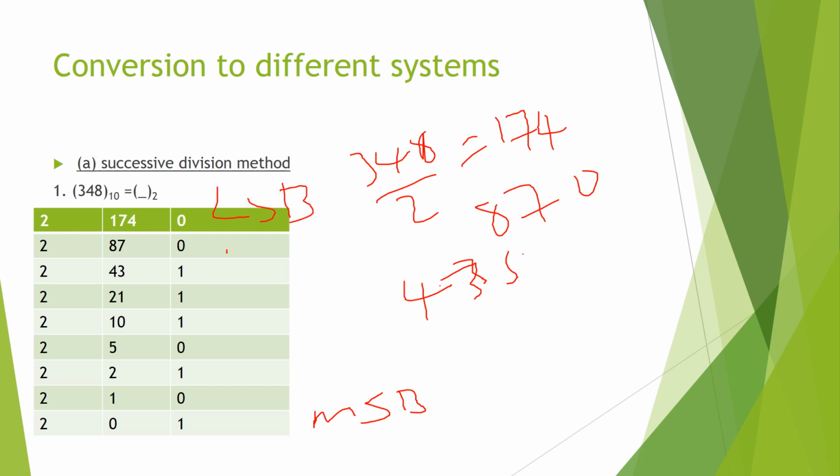So now we start taking our answer from the most significant bit to the least significant bit. So in this case our answer becomes 10101111100 base 2. Remember to include the subscript of that.